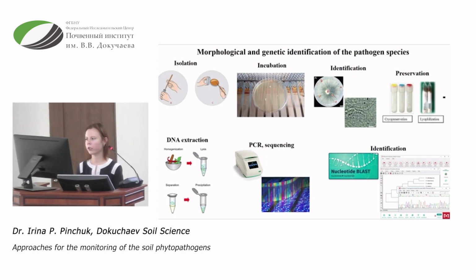I will talk about how we can study these pathogens, and I will start from the previous, mostly important method: morphological and genetic identification. Of course, when we extract some strains from our samples, plants or soil, we should understand what it is. So we start from isolation.